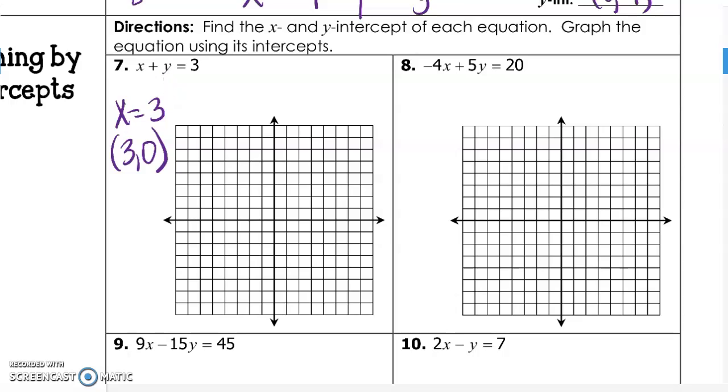Then I go back up here and I plug 0 in for x and I get y equals 3. So 0, 3 is my y-intercept. So those are ordered pairs. 3, 0 and 0, 3. You only need to have 2 dots when you graph using x and y intercepts. So connect your dots and put your arrows on.